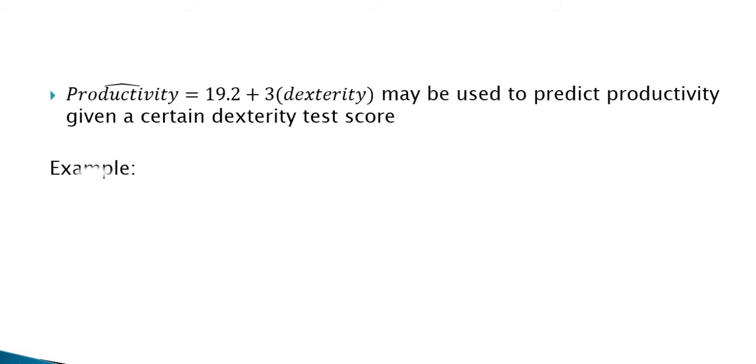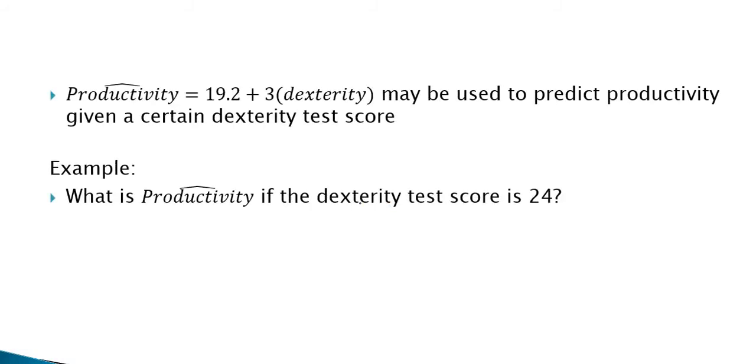Say for example, let's try to predict the productivity of an employee if the dexterity test score is 24. So, what would happen? Our productivity value would be 19.2 plus 3, following our formula here, then times 24, which is our dexterity test score, and we will have a 91.2.